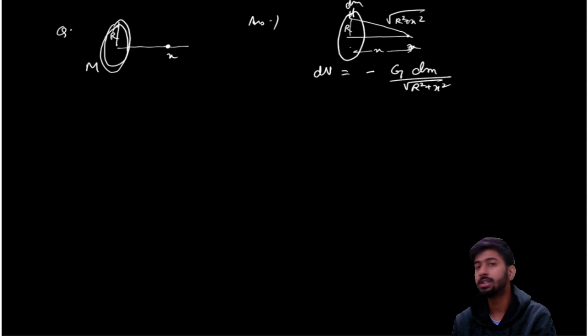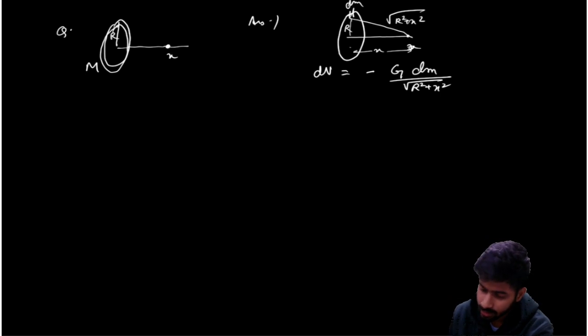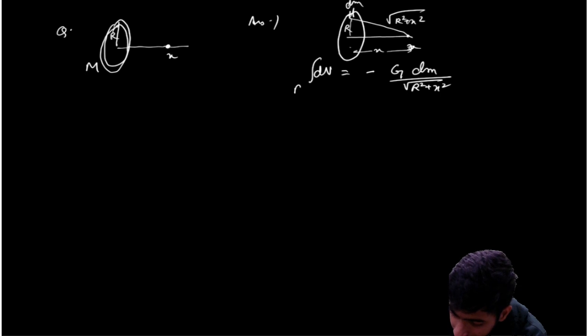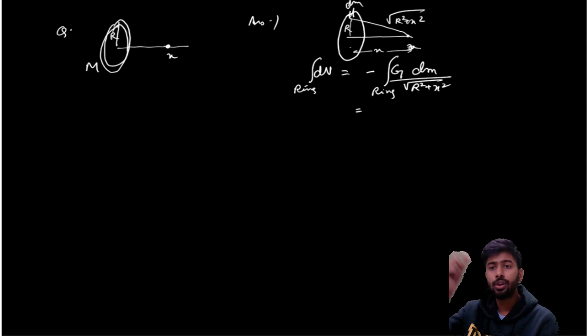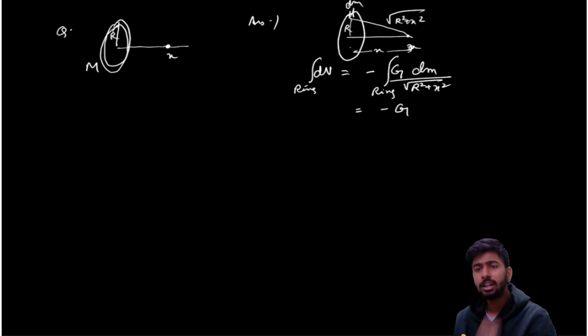You need to calculate this for the whole mass, right? So you need to integrate this over the entire ring. Now the quantities which will not change when I change dm, like when I take different masses, can come out of the integral, right? So G is a constant that will come out of the integral. Will under root r square plus x square change? No, right?